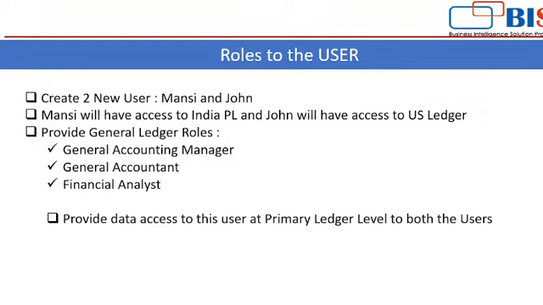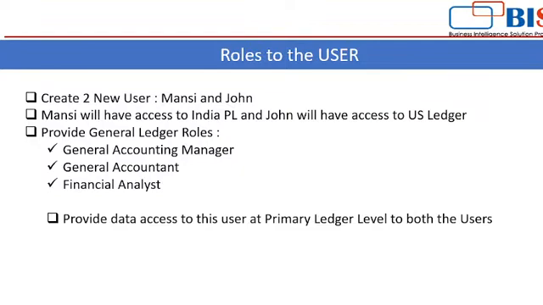When you provide the general accounting manager role, it allows the user to manage the general accounting function of an enterprise, including general ledger, subsidiary ledger and cost accounting. And when we provide the general accountant role to the user, it allows him to record and report financial transactions and manage revenue, expense, asset, liability and equity accounts.